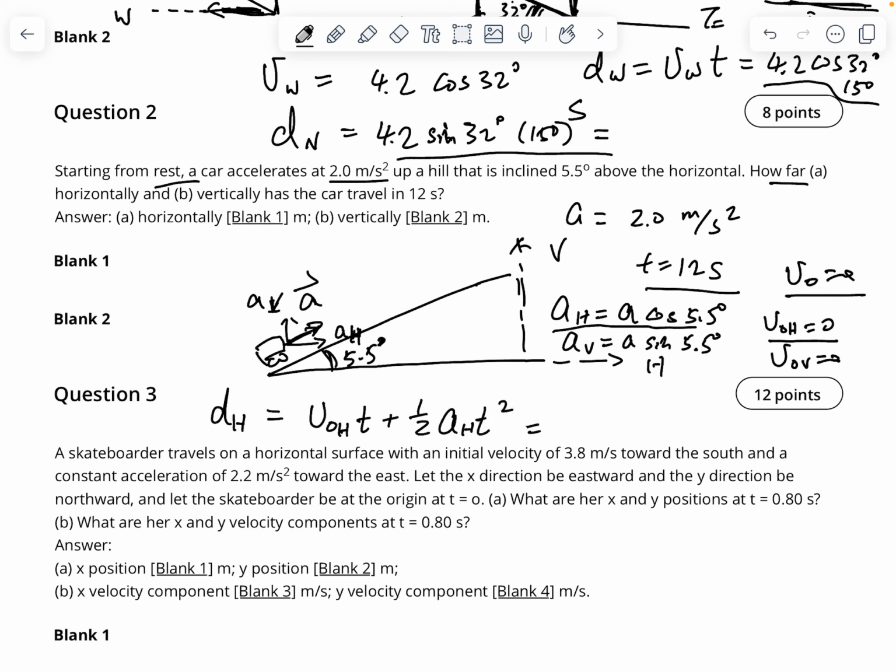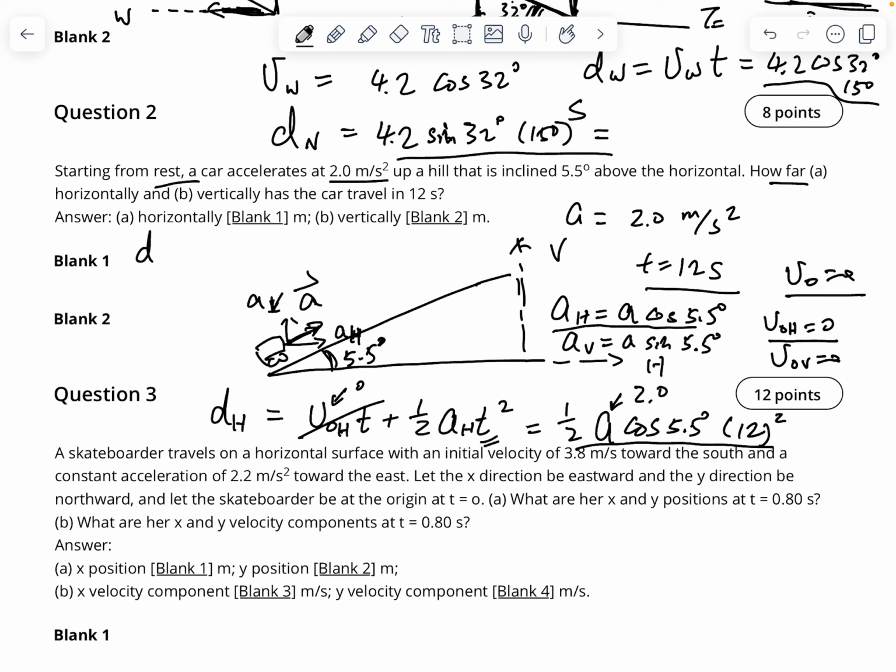This first term is 0, so it's gone. a_h is a cosine 5.5 degrees, time is 12 seconds squared, and you plug in a equals 2.0. That's the distance traveled in the horizontal direction.